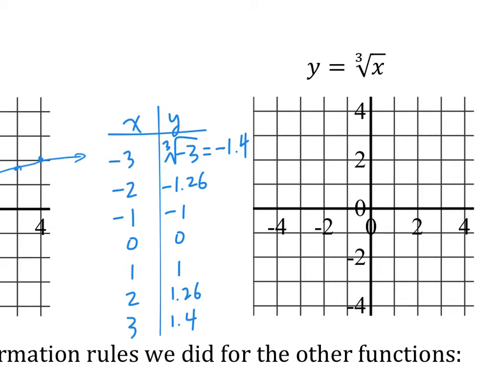So at negative 3, this is negative 1.4, so about here. Negative 2 is negative 1.26. Negative 1, I'm sorry, I think I graphed it too low. So negative 1.4 is here, negative 1.26 is here, negative 1, 0, 0, 1, 1, 2, 1.26, 3, 1.4.